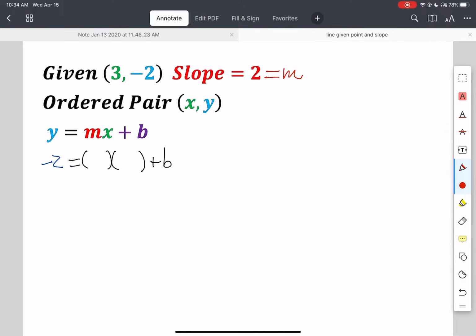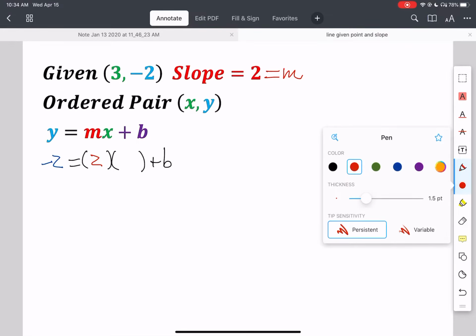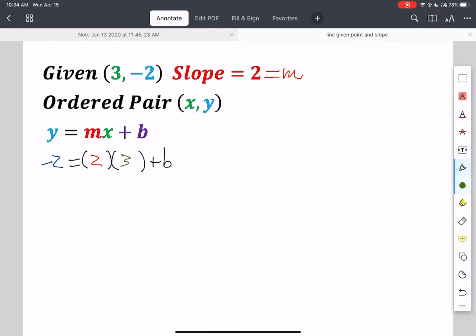My m value, we said, is 2, and x is 3. So for step 1, substitute x, y, and m.